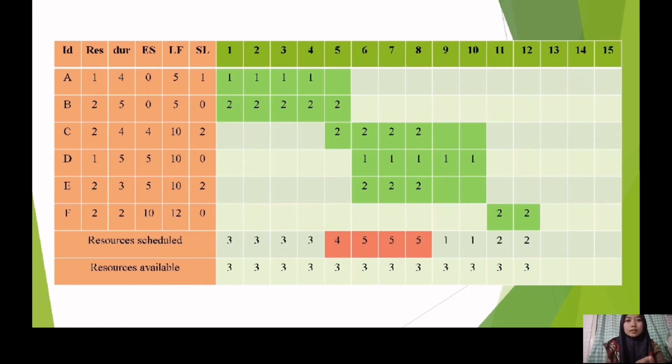Here in the table we can see that for day 5 until day 8, the resource scheduled exceeds the resource available.